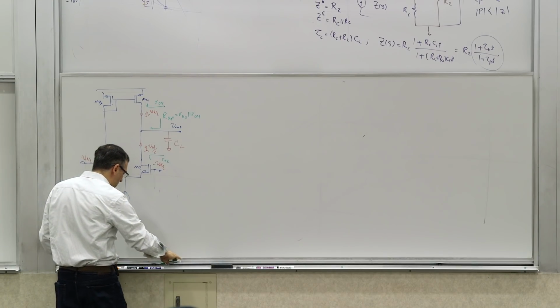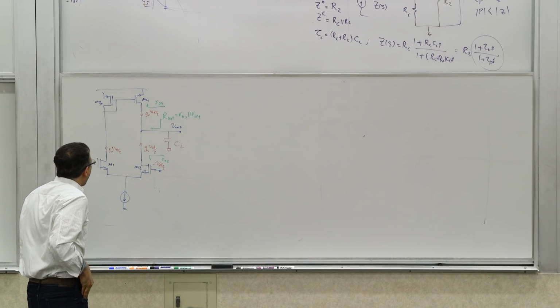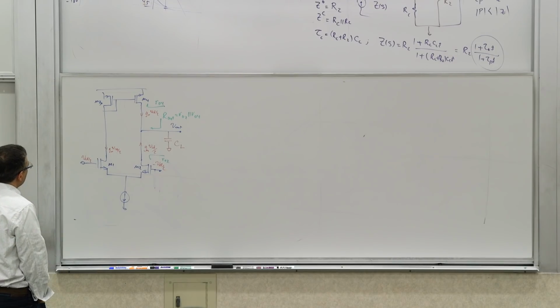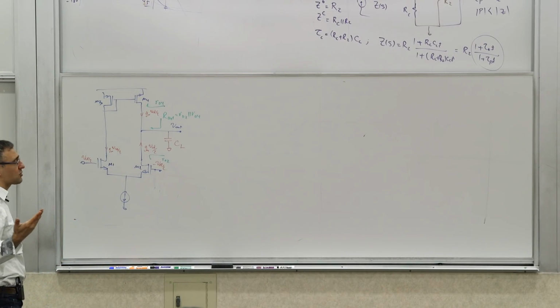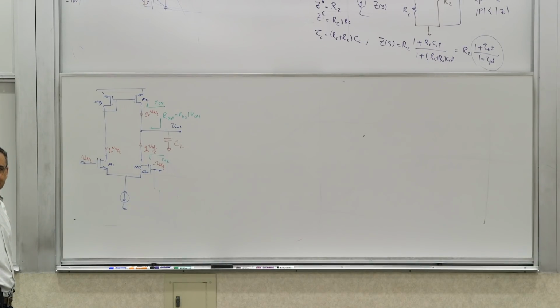Okay, so now you have these two. Obviously one of the poles is dominated, so we can see a high impedance node, right? That's how you get your gain.